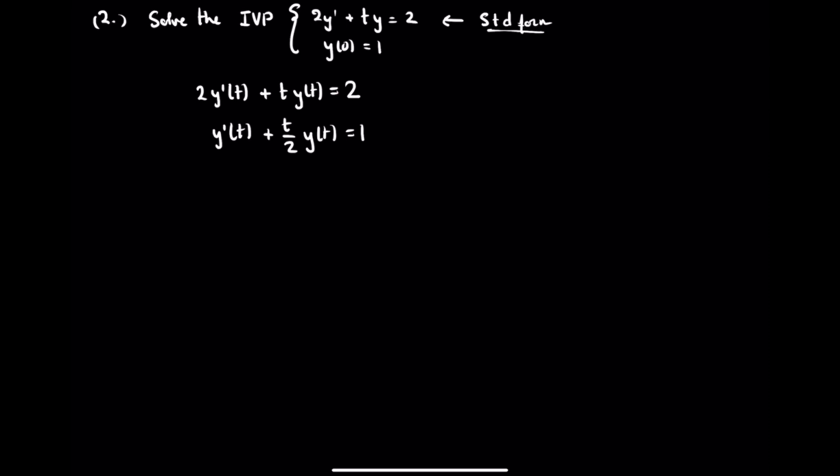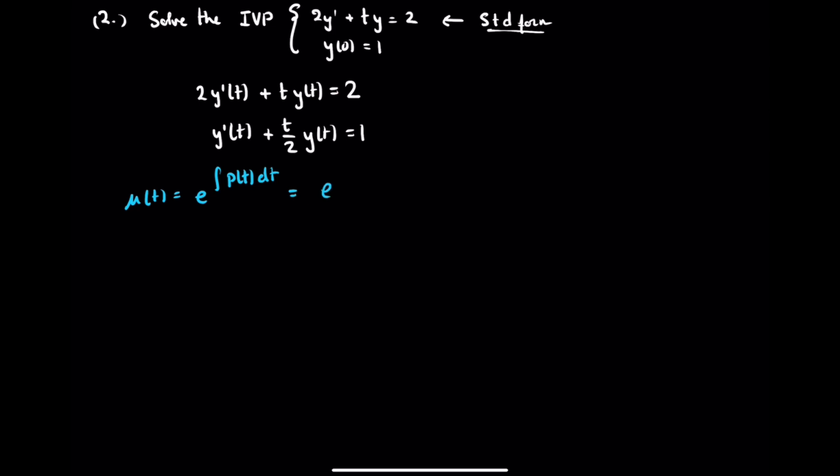Okay, so now the next step is to find the integrating factor. The integrating factor, let me remind you, is mu(t) equal to e to the integral of p(t) dt.